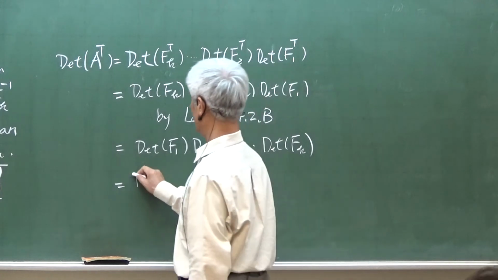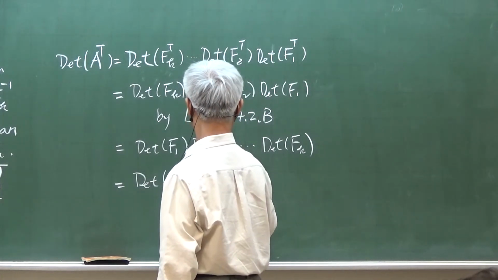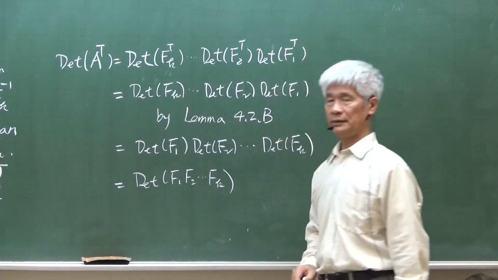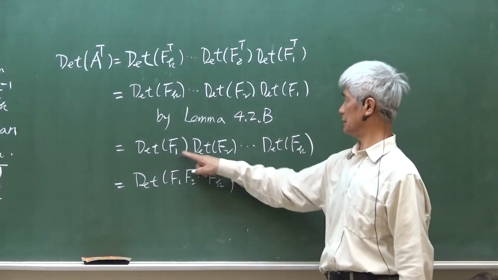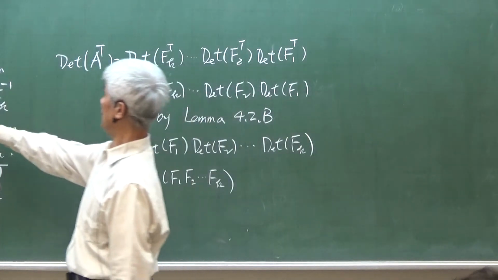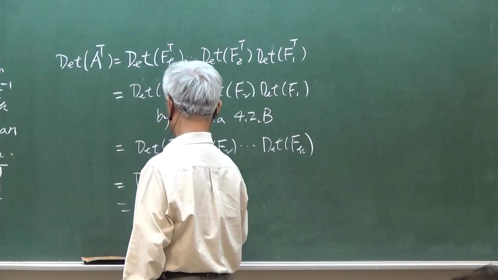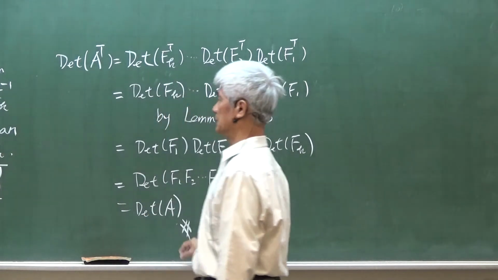And by the product formula, this is just the determinant of the product of these elementary matrices. But as we know, this is the determinant of A.